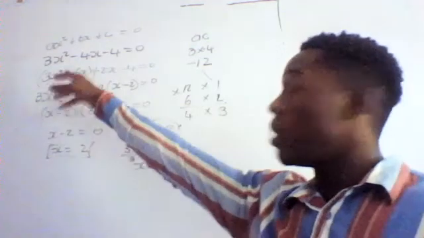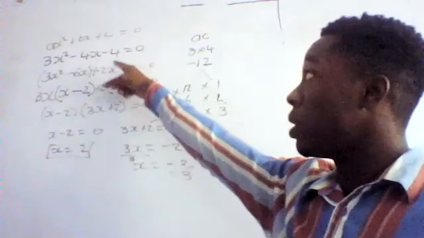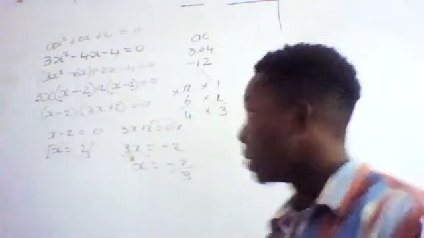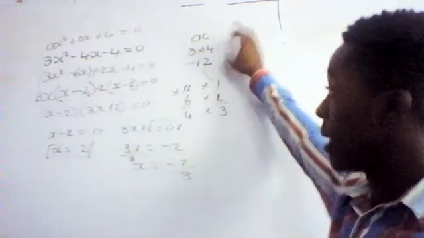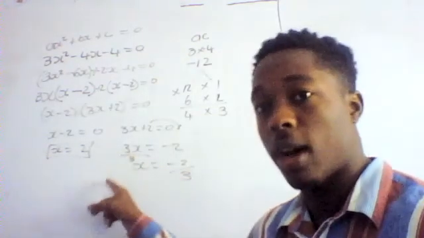A would be the coefficient of x squared, B would be the coefficient of x, C would be the constant. So you get 1 mark for the AC, 1 next mark for the factorization, and 1 next mark for giving the correct answer.